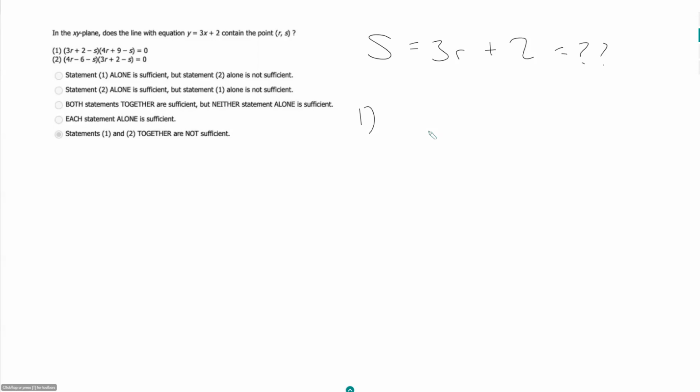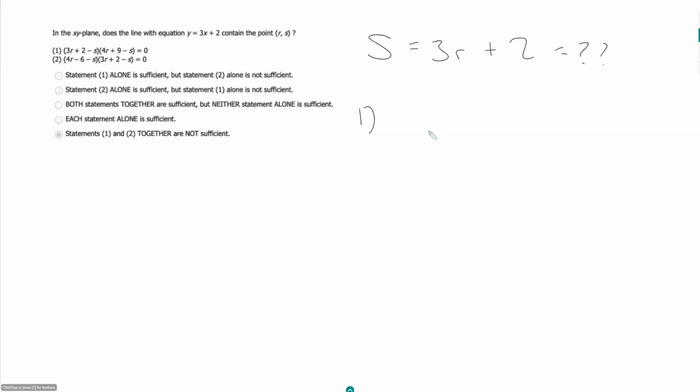Our question is asking, is S equal to 3R plus 2? So each of our statements is written as these factored products, and they're both equal to 0. So from our first statement, what is this telling us?